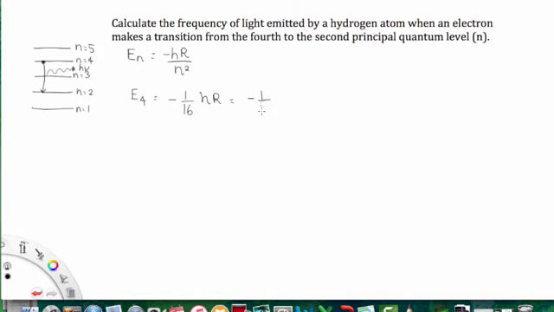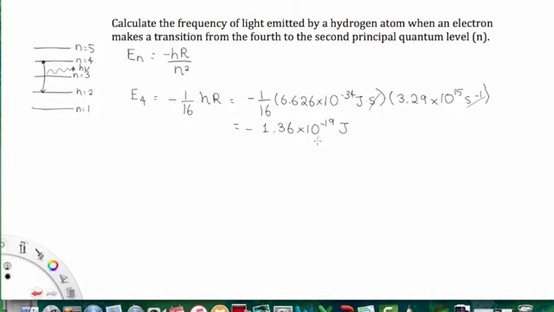So this is 1 over 16, times 6.626 times 10 to the power of negative 34 joule second. And the Rydberg constant I mentioned before is 3.29 times 10 to the power of 15 inverse second. The seconds cancel out, and we end up with a value in joules, and we get negative 1.36 times 10 to the power of negative 19 joules.